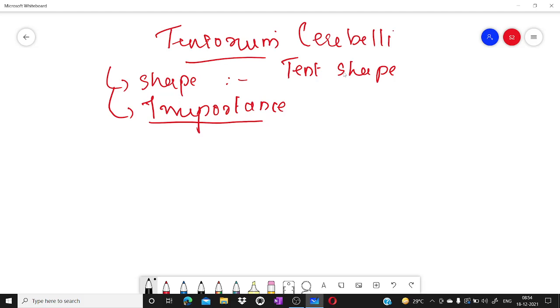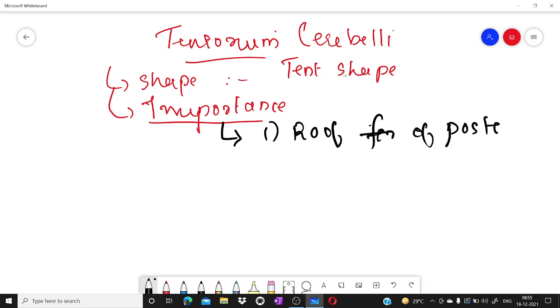First importance is that it is forming the roof of the posterior cranial fossa.